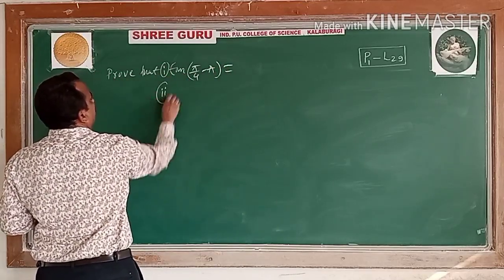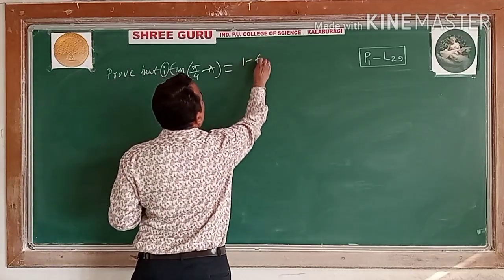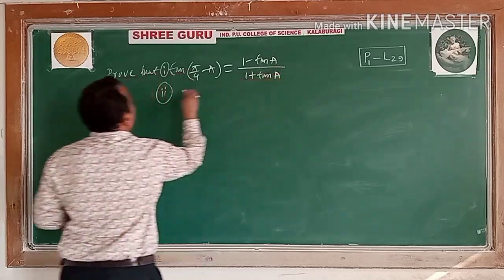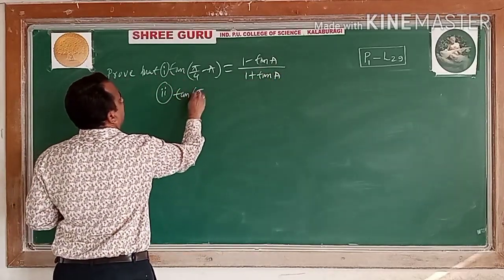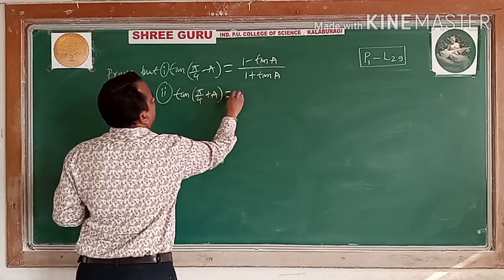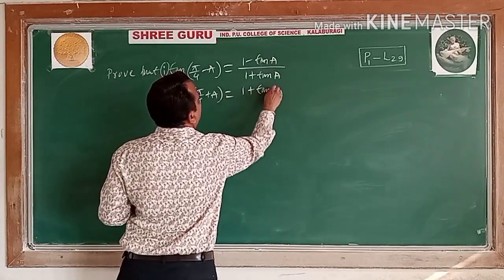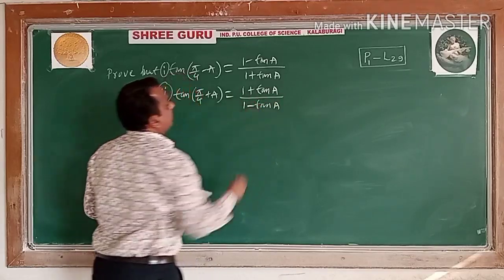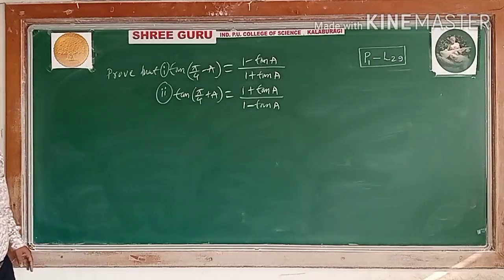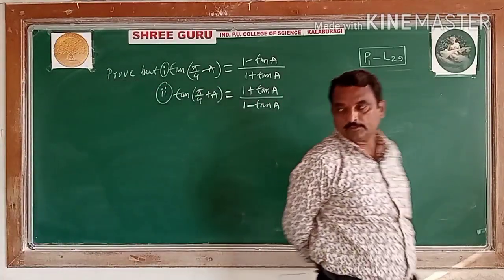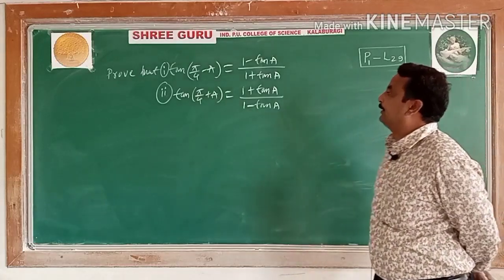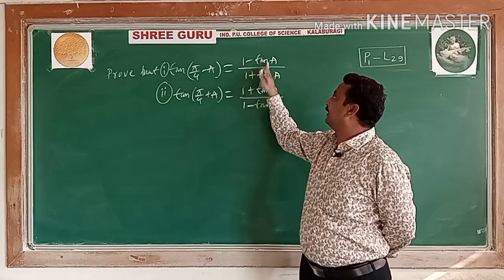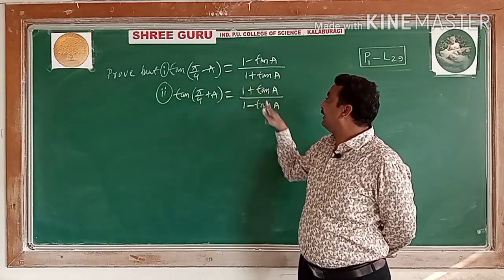One I will calculate and one I will give as homework. Let us see this one. Prove that tan 45 minus a and tan 45 plus a, that is tan pi by 4 minus a and tan pi by 4 plus a, are 1 minus tan a divided by 1 plus tan a and 1 plus tan a divided by 1 minus tan a.